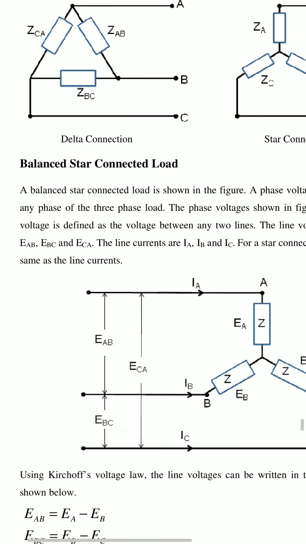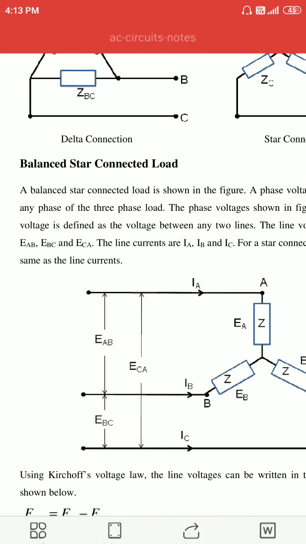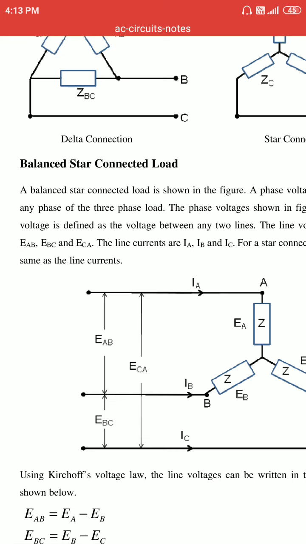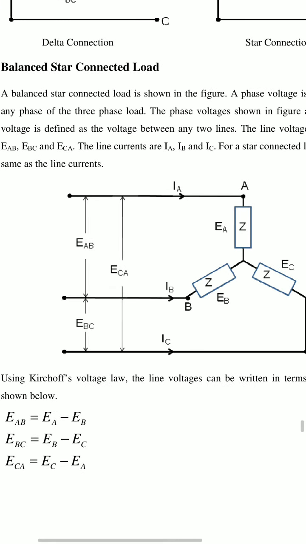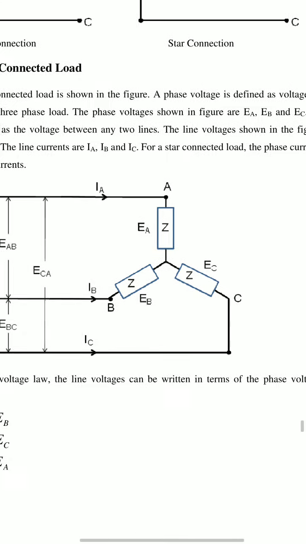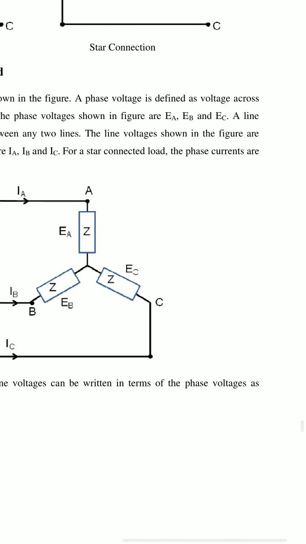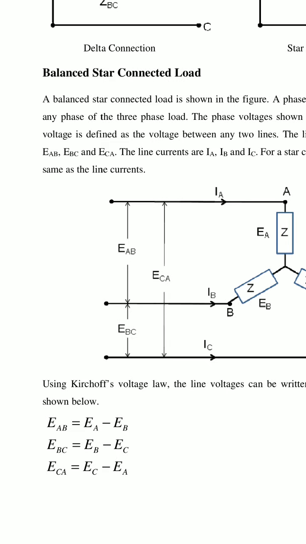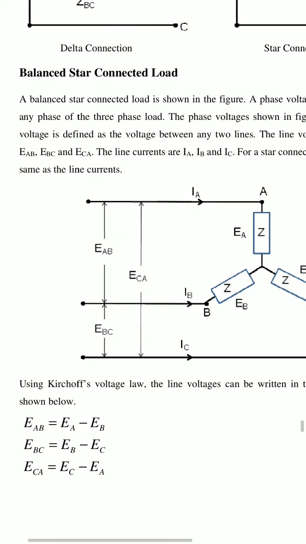Now, a balanced star connected load. A balanced star connected load, as shown in figure. A phase voltage is defined as the voltage across any phase of the three-phase load.